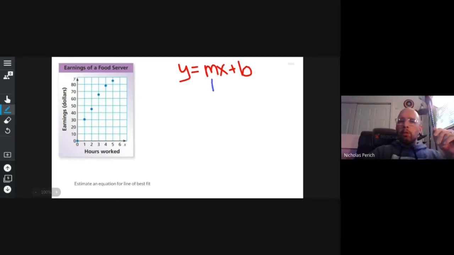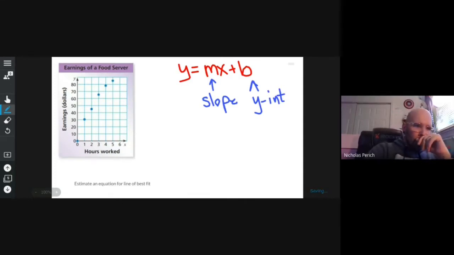M stands for my slope. B stands for my y-intercept. So I'm going to try to draw a line. It starts at 0, 0, so I'm going to keep it at 0, 0, and I'm going to draw that line as best that I can. It's not too bad.